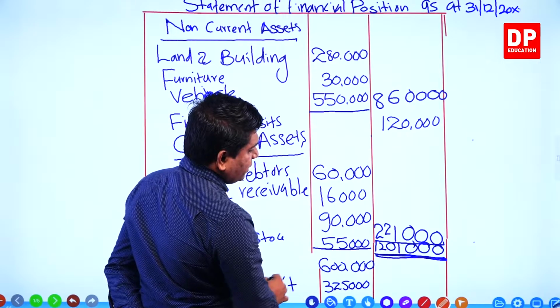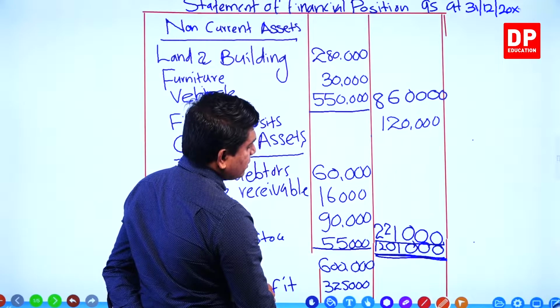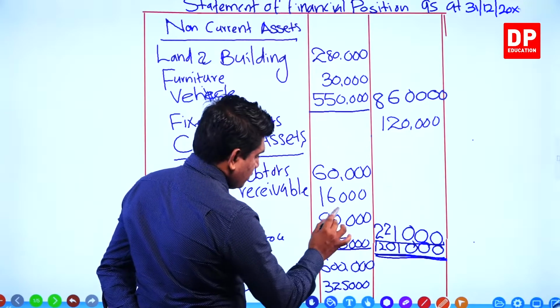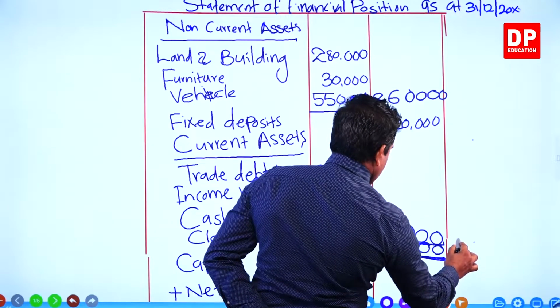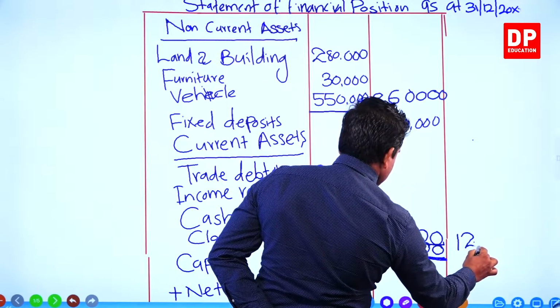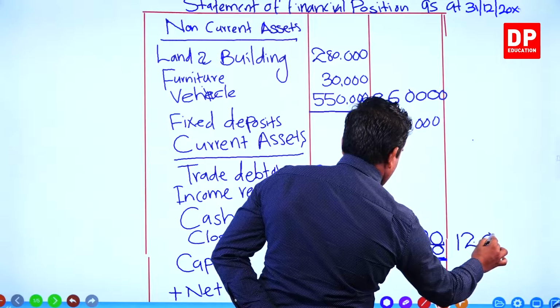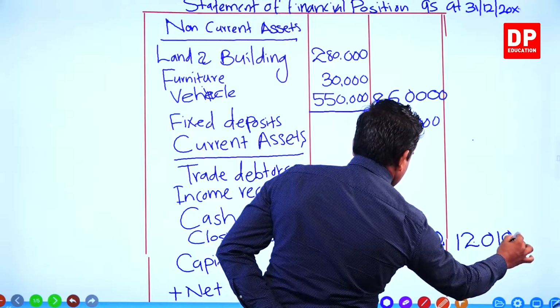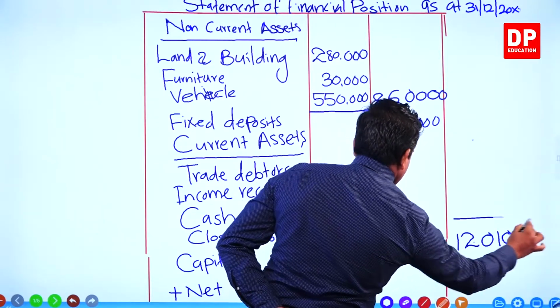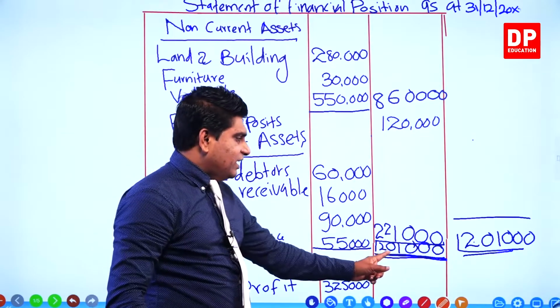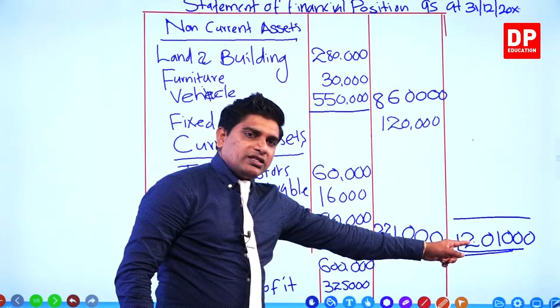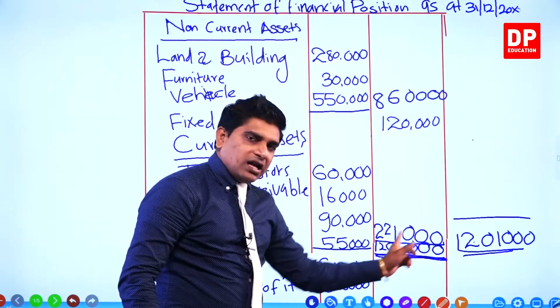If you can't see the total of this, I can write it in front of this, right? Then 120,000. Why I put it here? Because if you can't see this clearly, the same answer I put in front of this, right? This should be the same answer, right?